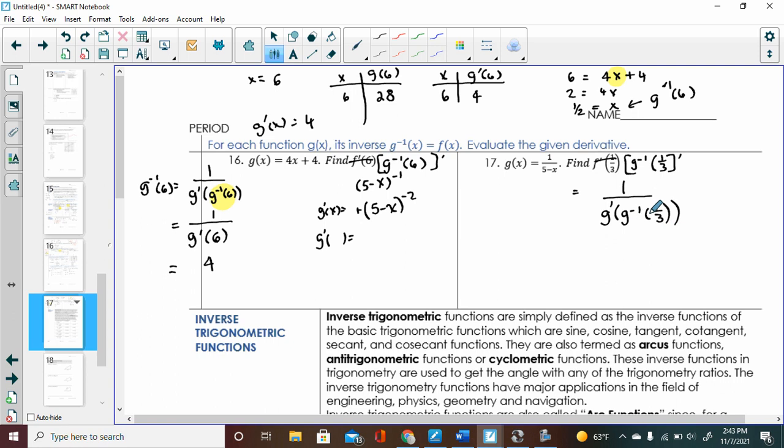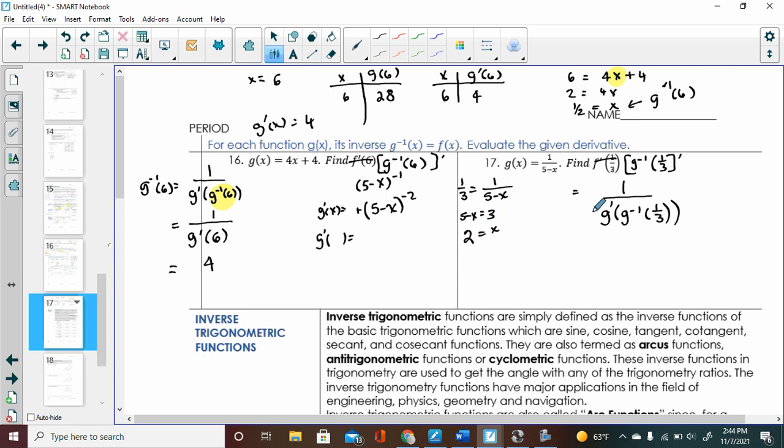So how do I get this answer? So we're going to set this equal to 1/3. Okay, I'm going to cross multiply, get 5 minus x equals 3, and x equals 2. All right, and that's correct.